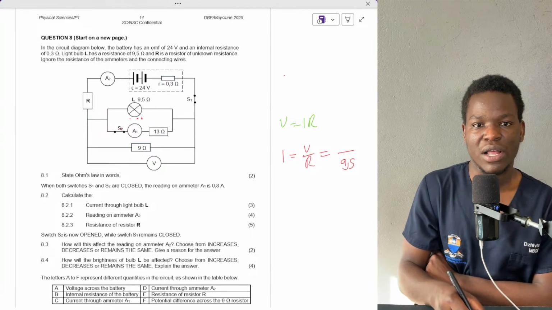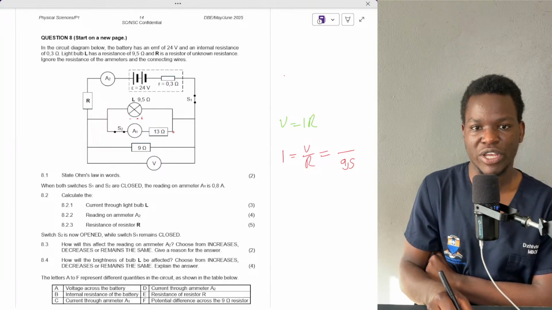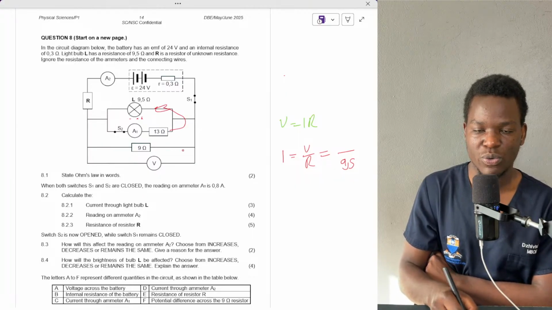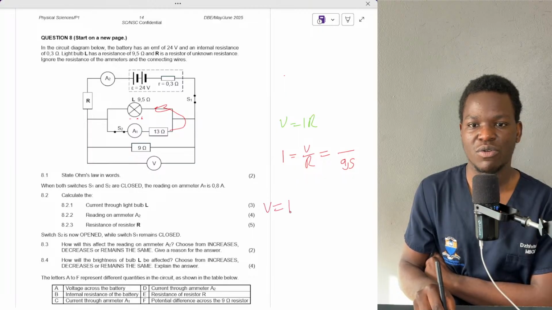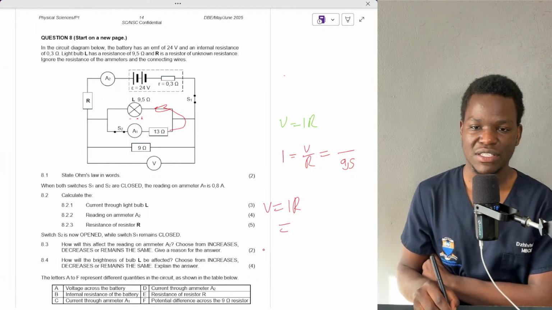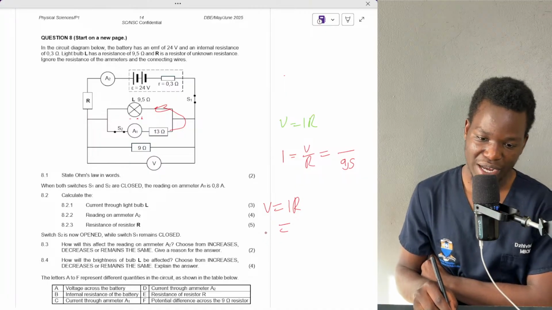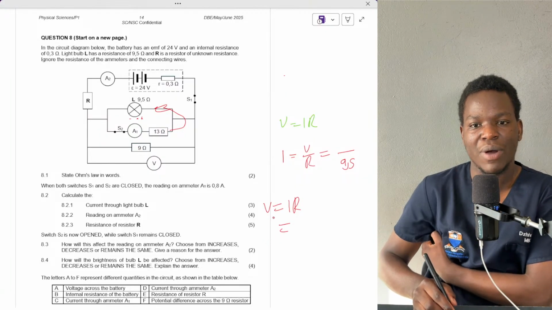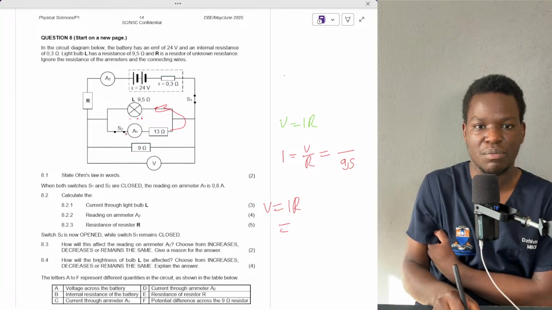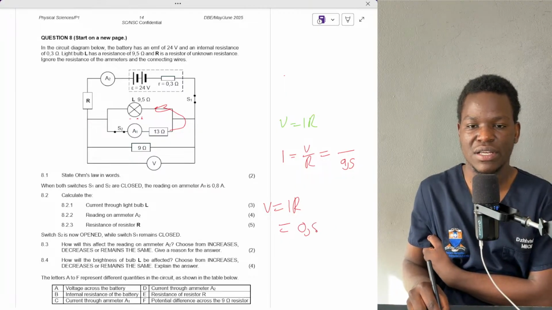So now, because the voltage is the same, we can use the voltage of this branch to find the voltage of that branch. How do we find the voltage of that branch? V equals IR. And then we just ask, what is our current then? Our current is, as given over this, 0.8.